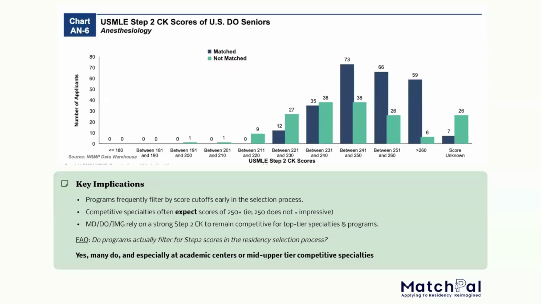So I think the implications here are that, with the average score being a 250 now, the bar has really shifted as far as what's considered impressive, what's considered powerful to differentiate yourself. And obviously this is not the only thing in your application. There's research and experiences and letters of rec and your personal statement. But this is still a super important objective metric that PDs absolutely will use this cycle, as they have in all the past cycles, to evaluate whether or not you're worthy of coming for an interview and matching at a specific program.